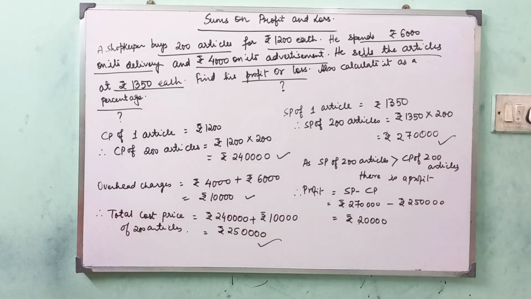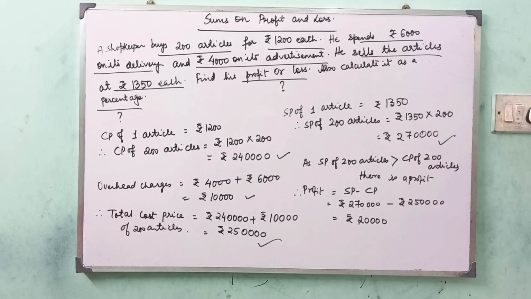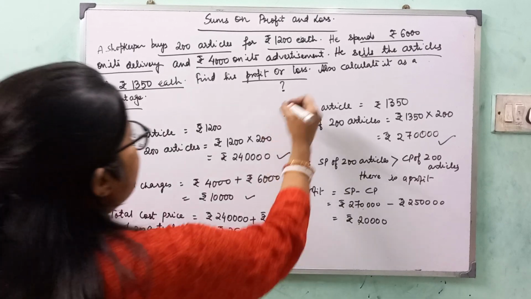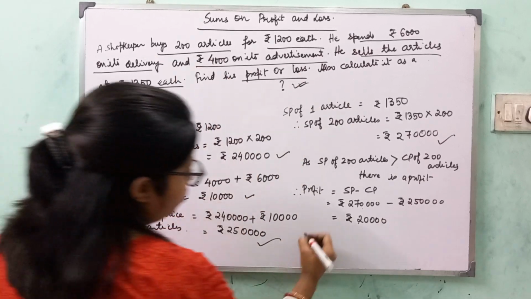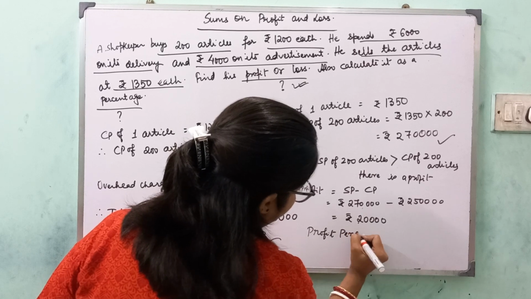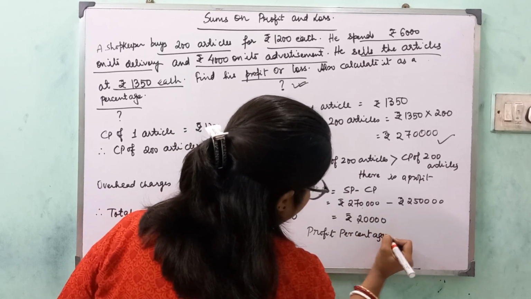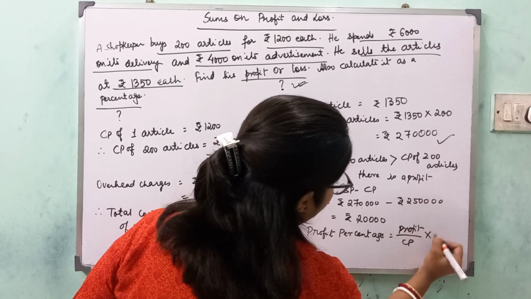Now we have calculated the profit is 20,000. Now we have to calculate the profit percentage. So this part of the question is done. Next is we have to calculate it as a percentage also. So profit percentage is equal to profit by CP into 100.